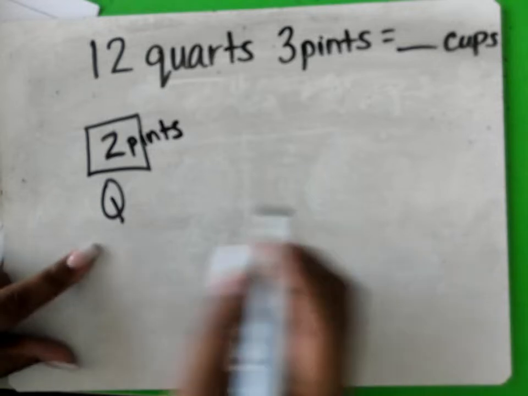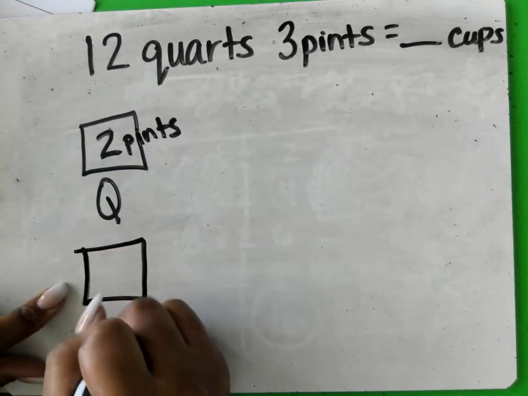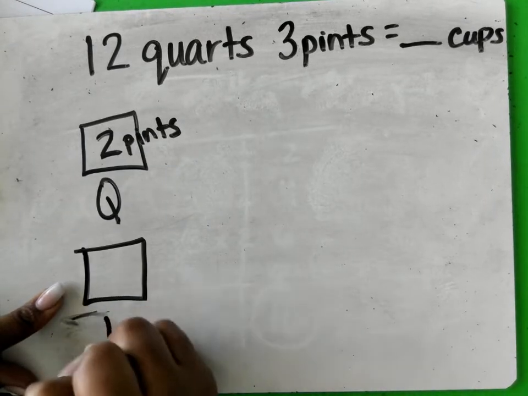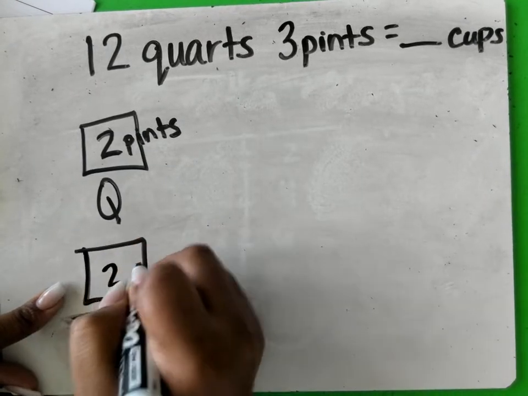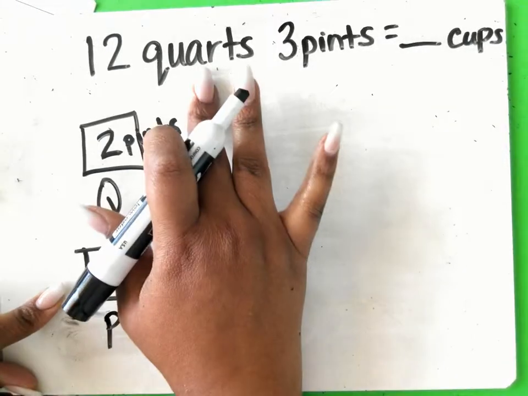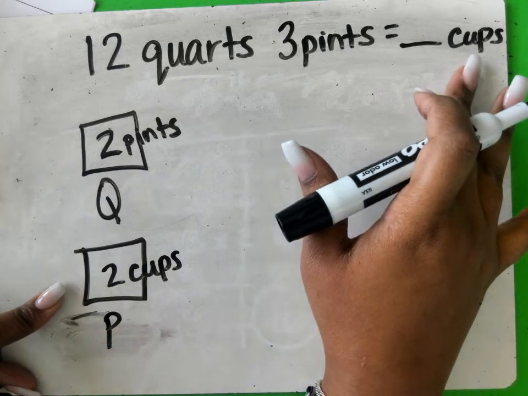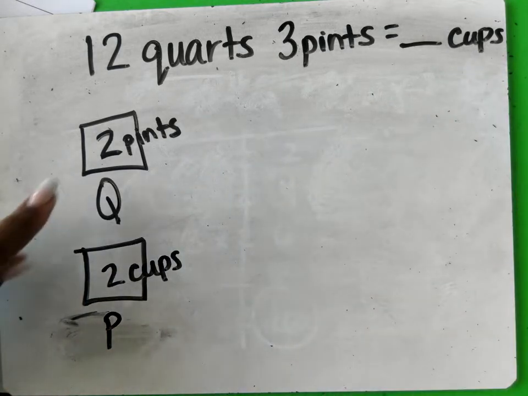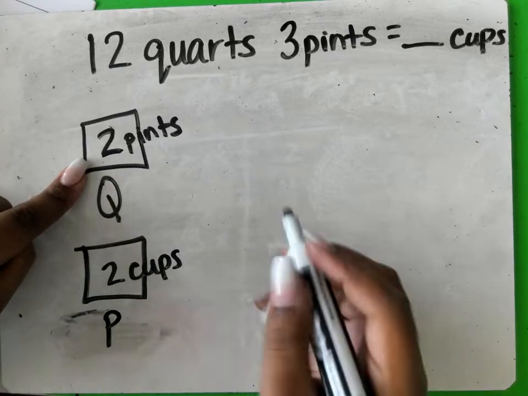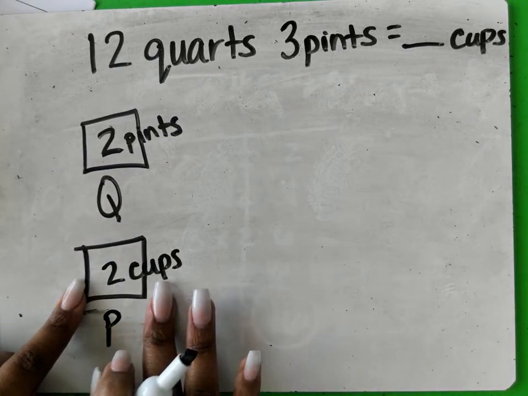And I know that 1 pint is the same as 2 cups, right? I'm trying to get my quarts into cups, right? So I know that two of these represents 1 quart, right? But I know that one of these represents 2 cups, right?